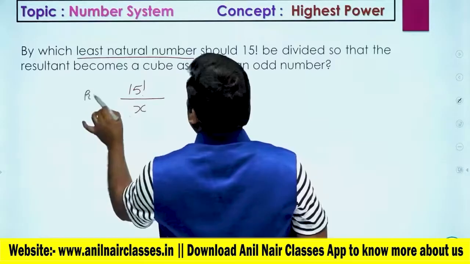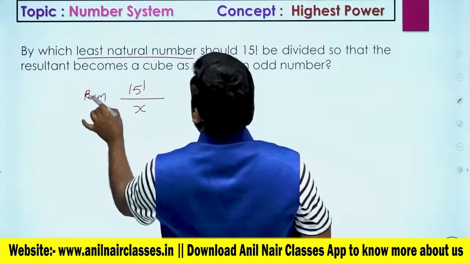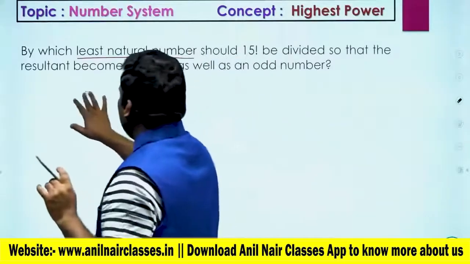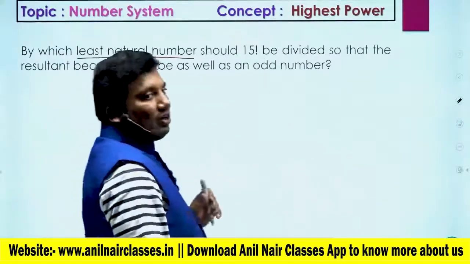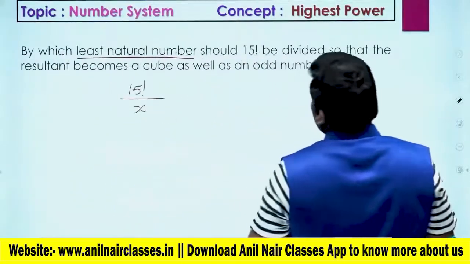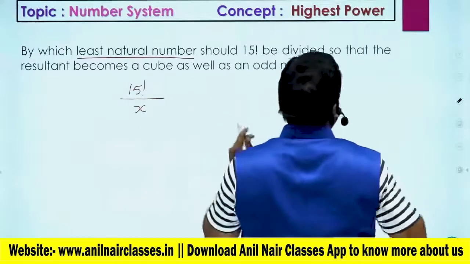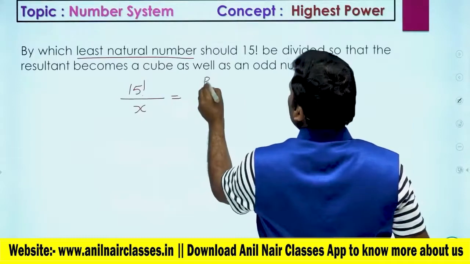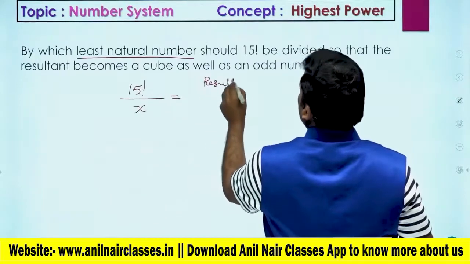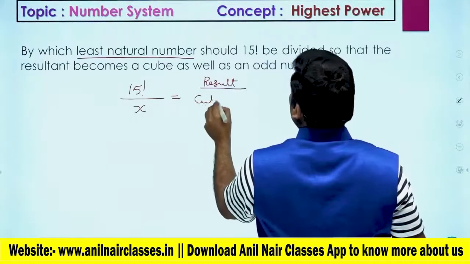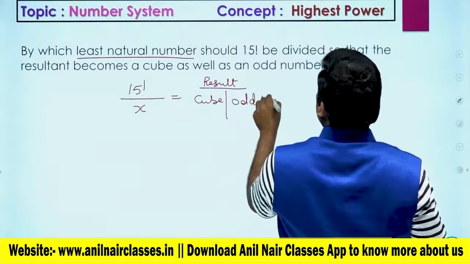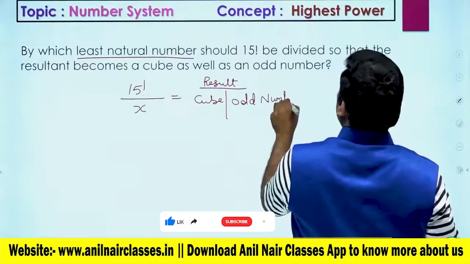It is not the remainder, so I will erase it. 15 factorial should be divided by which number such that the resultant is a cube as well as an odd number.